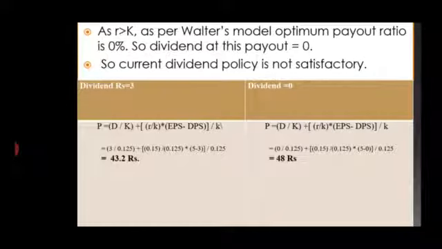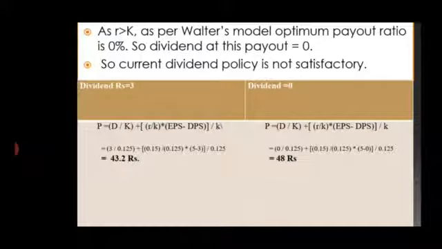K, that is the cost of equity, is 12.5%, so it is 0.125. R is 15%. Right? So put the value here. The answer comes 43.2 rupees. If dividend is 3 rupees, and if dividend is not given, it is 48 rupees.